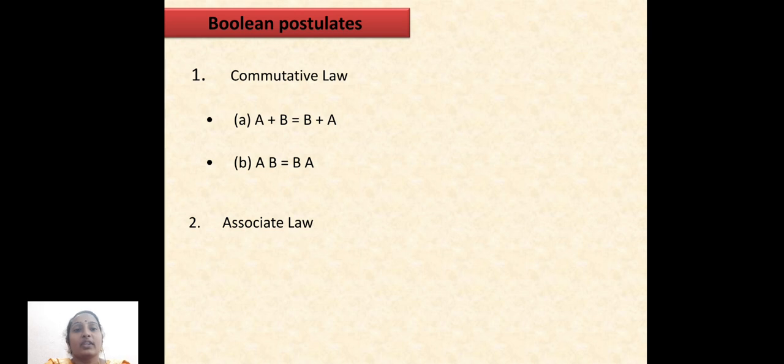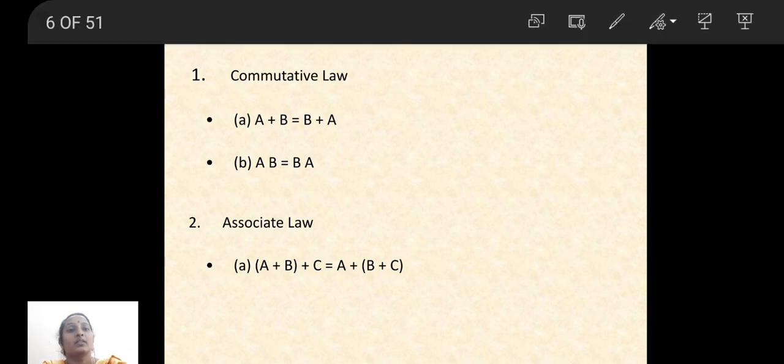Already we have a very good idea from our maths. A plus B is equal to what? B plus A. In Boolean postulates also, A plus B is equal to B plus A. For example, in decimal, 3 plus 2 is equal to how much? 5.